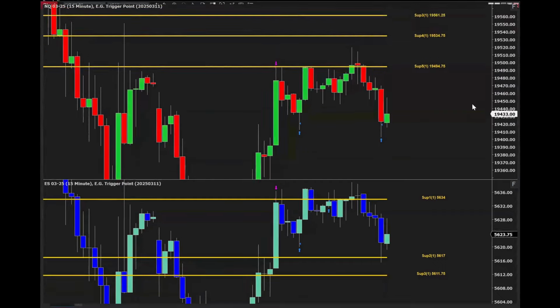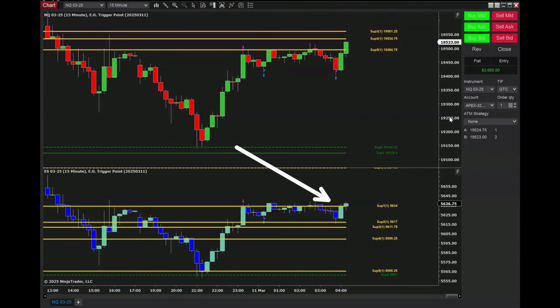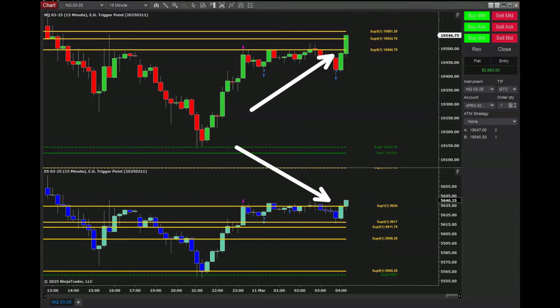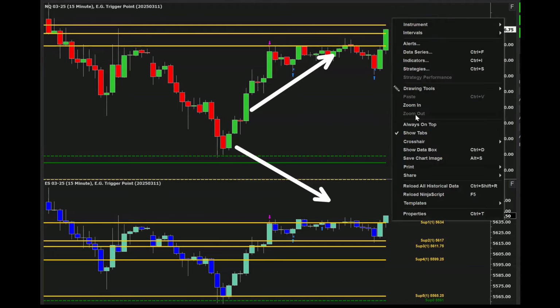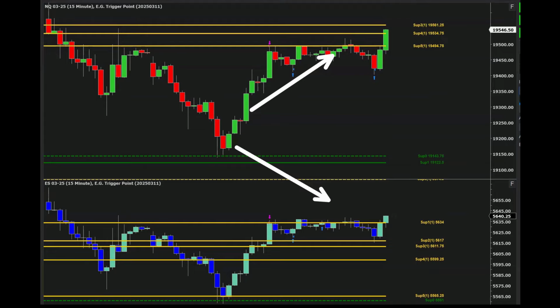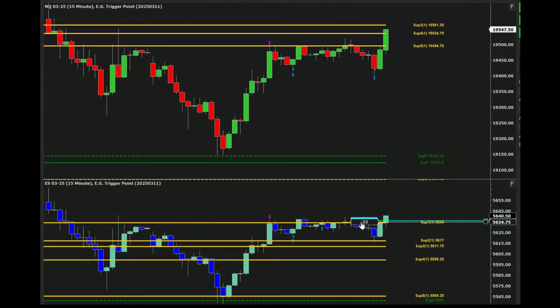Now, look at this, guys. ES broke its resistance, turned into support, probably. NQ did the same. NQ is in a narrow zone, I would say, but I'll scalp here. I'm going to place a buy limit order here at ES support level, but I'll monitor NQ and see what it does.